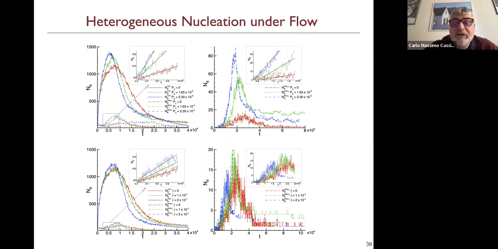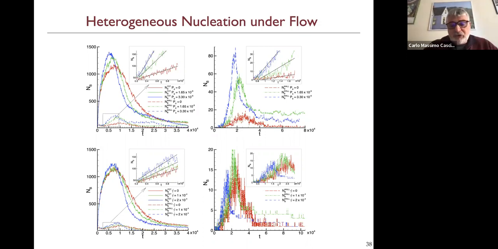Let me comment on the conclusions. Once you have a system like this, again, you can count the number of bubbles that you develop as a function of time. In particular, you may distinguish the bubbles that are nucleated at the wall from those that are nucleated in the bulk. And from that, you can extract certain conclusions about the effect of the shear on the nucleation rate.